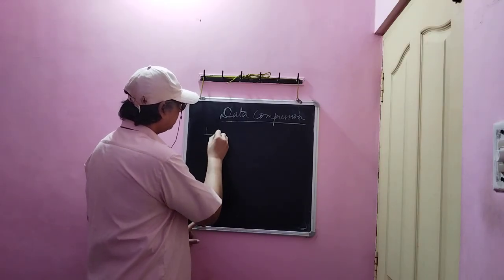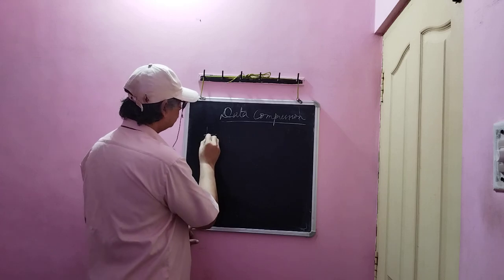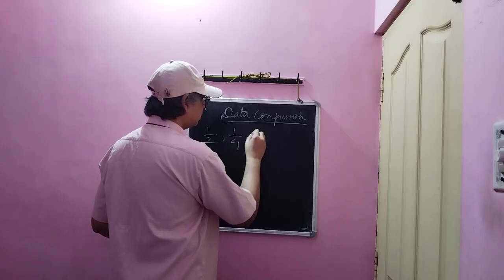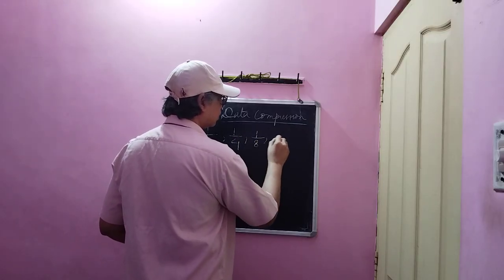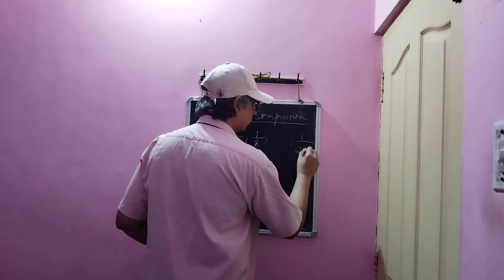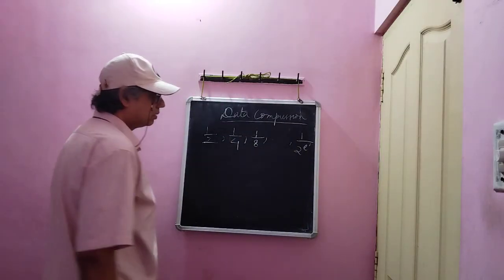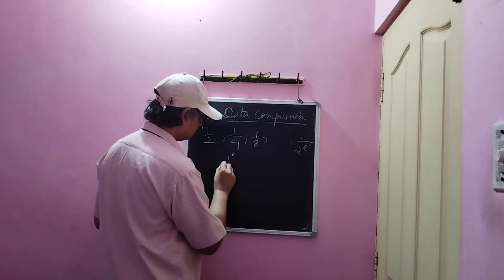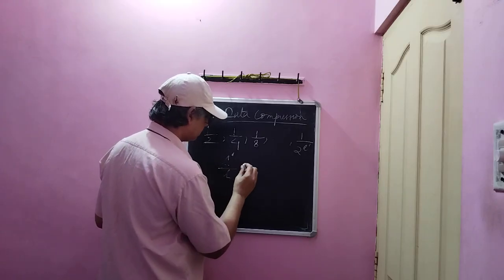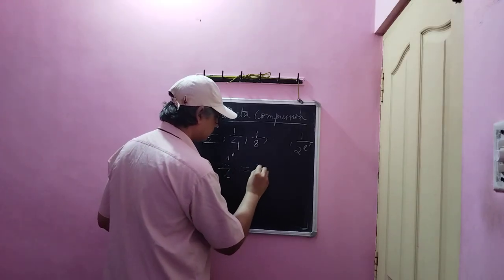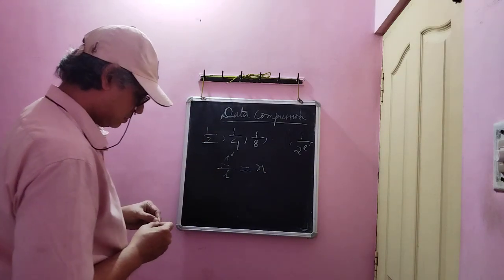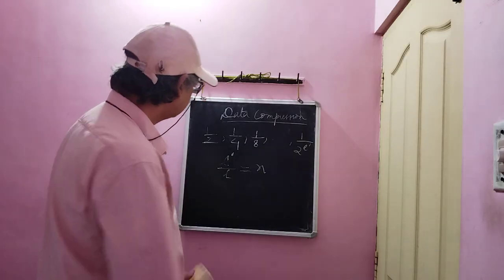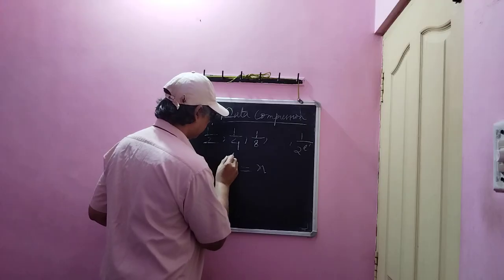with the bits of L dash are basically 1 by 2, 1 by 4, 1 by 8 and so on up to 1 by 2 power L dash. Now suppose L dash by L is equal to n.